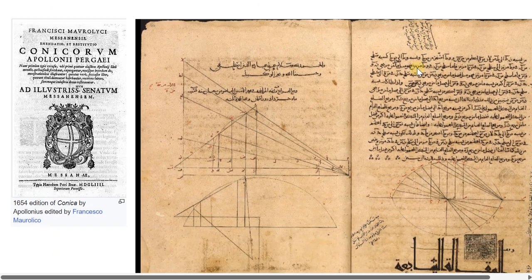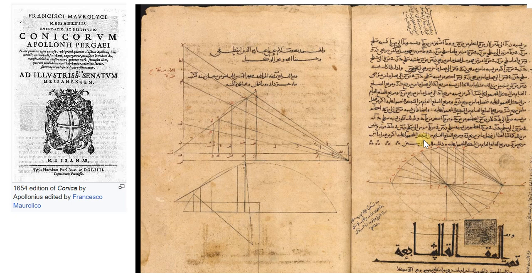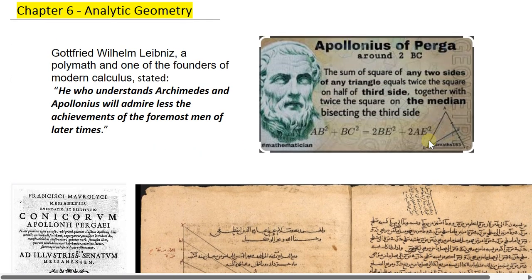So, for instance, down here, I have copied a page from the Arabic translation of a couple of pages of his book. So it's a rather ancient work that has stayed with us even until today, and it's amazing that something that was done over 2,000 years ago is still being used today.